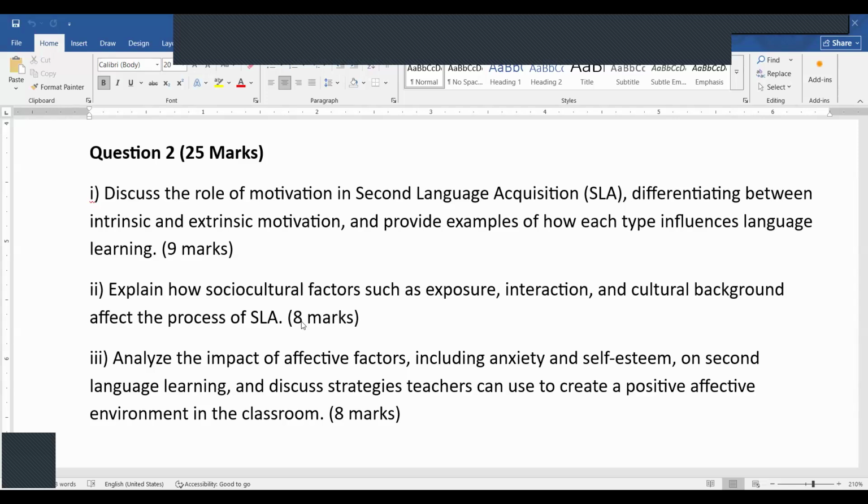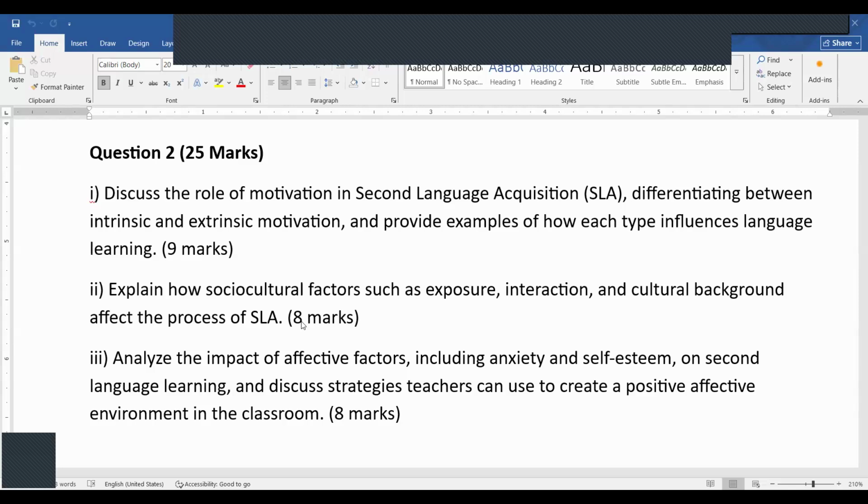Then you have to tell what intrinsic motivation is. When a learner is motivated due to internal factors, we call it intrinsic motivation. The learner is motivated because of internal factors. And then you can mention some internal factors. What are they? Interest, enjoyment, and genuine desire for oneself.